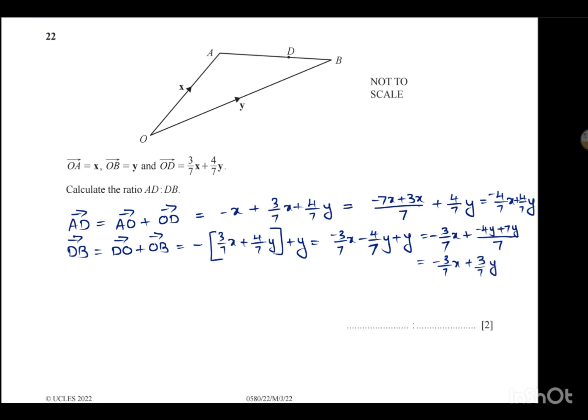Now when you look at AD and DB, if I take 4 common here, I get the same thing. This is a multiple of 4 and this is a multiple of 3. So if I take 4 common, I get minus x by 7 plus y by 7 for AD.